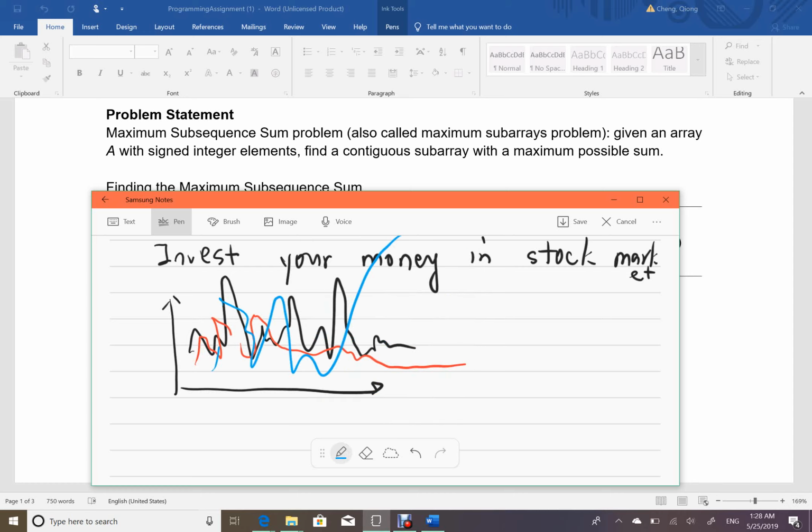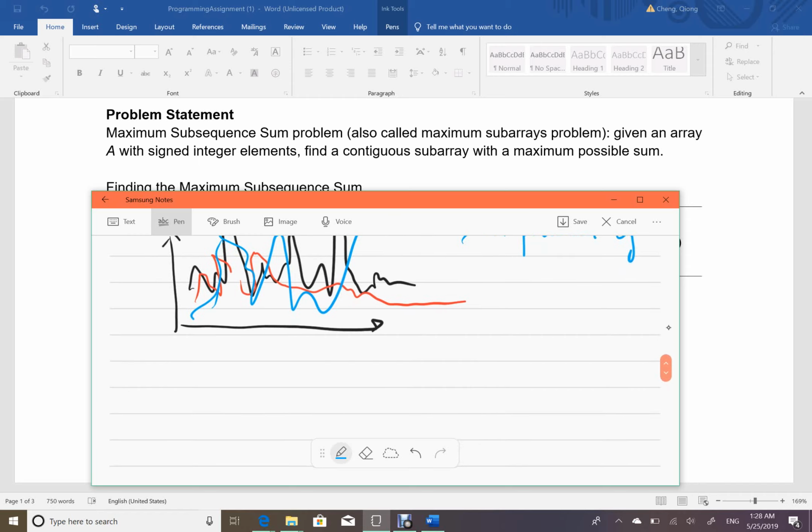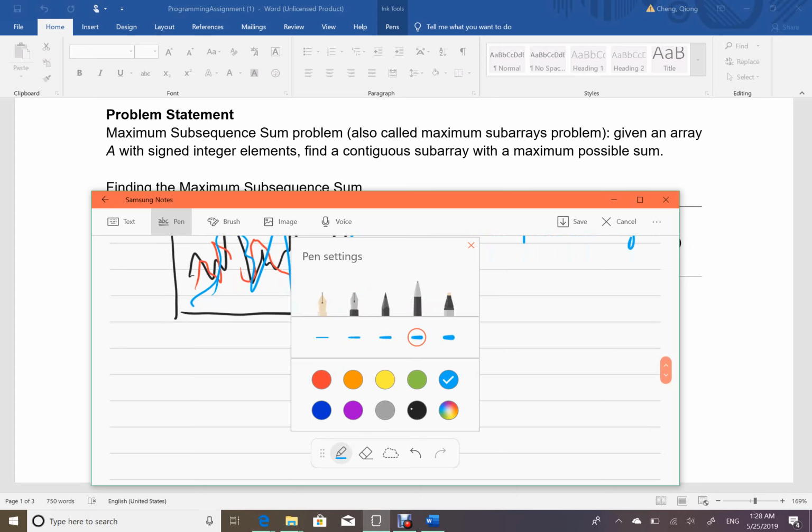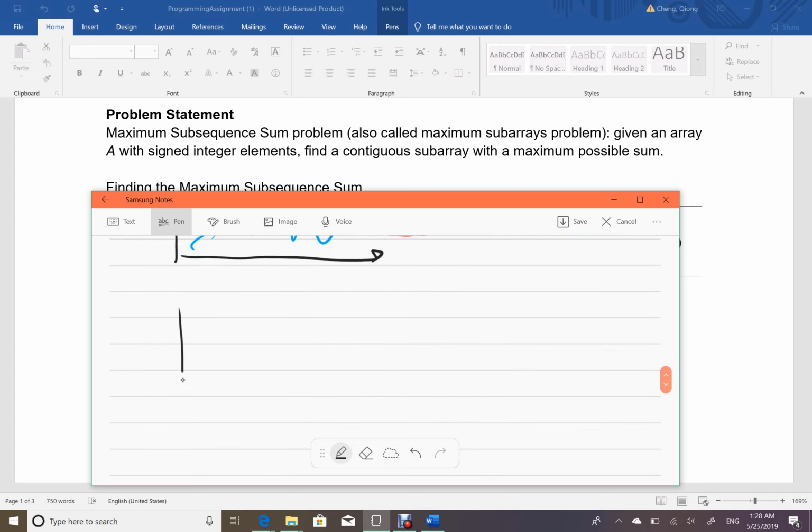Based on your money, you can only invest in one product. You only want to buy one product, so you have to choose one to buy. Now the question is even simpler than that. Assume we give you the price of this product every day.